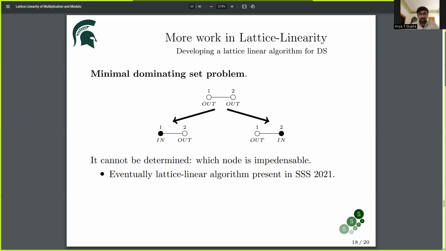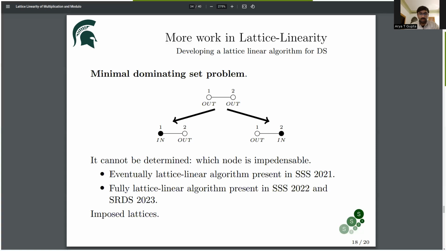To address this, we introduced eventually lattice linear algorithms in SSS 21. These algorithms are able to induce lattices in a subset of the state space, and that's why we have the name eventually lattice linear. And we introduced fully lattice linear algorithms in SSS 22 and SRDS 23.